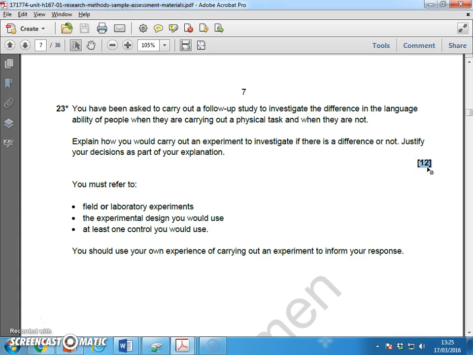Consider that a grade is 10%. So this one question can be worth the difference between an E and a C, or a C and an A. So you really want to practice, you really want to know what you're doing, how to tick off those marks. Don't leave it to chance. Okay, so watch the 12-mark video for that.